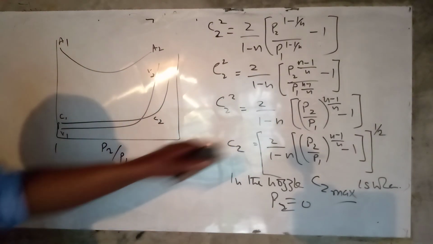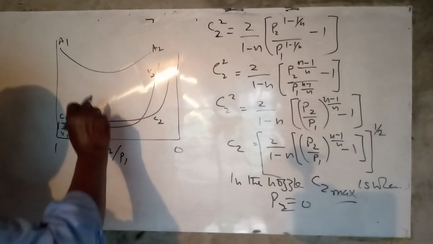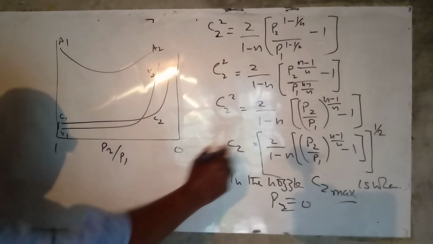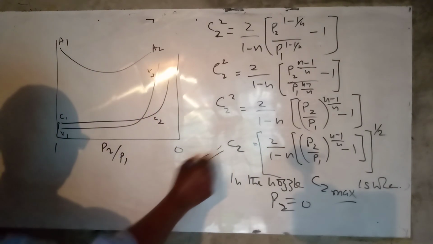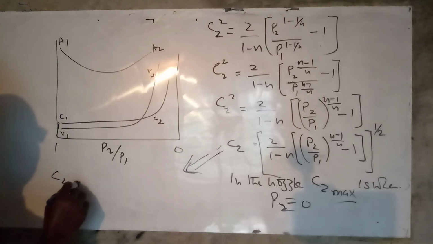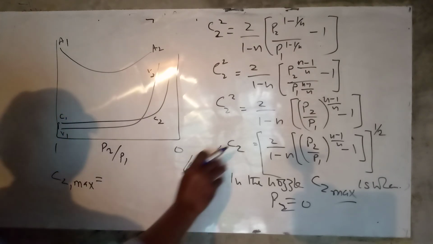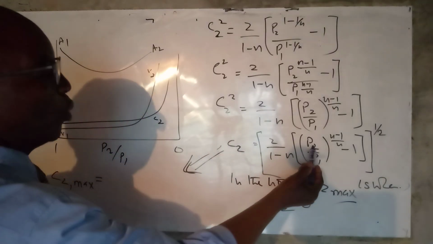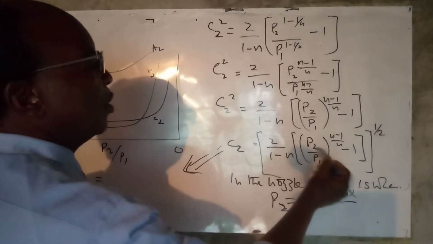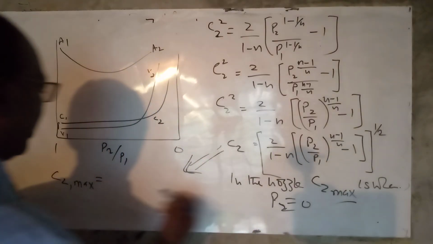So if we substitute that in the expression for C2, then we see that the maximum velocity will be when P2 is 0. So this quantity here will vanish, will be 0. So that will be minus 1. So what are we going to have?